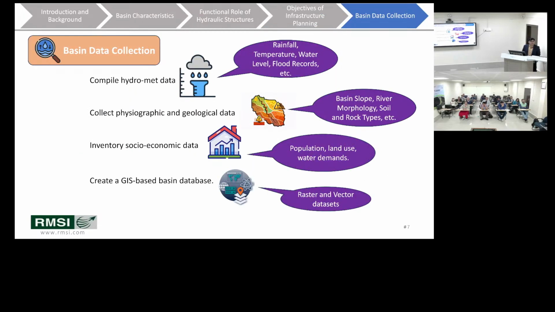Then compilation of the existing data for the basins. You need to have long-term data, because for any hydraulic structure designing, you need to have a good amount of data. For any hydrological analysis, it is recommended to use at least 30 years of time series data. If you have more than 30 years, then it's good.